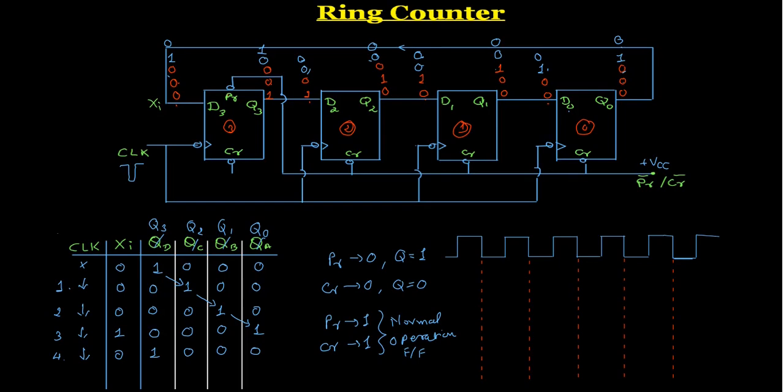Now again, if we see one more clock pulse. Actually here you can see that whatever high level was there initially at the output of the first flip-flop is transferred to the second flip-flop. Then with the third clock pulse it is transferred to Q1, and after that it is going to transfer to Q0. And with the fourth clock pulse, the 1 is going to be transferred to flip-flop number 3, or Q3.